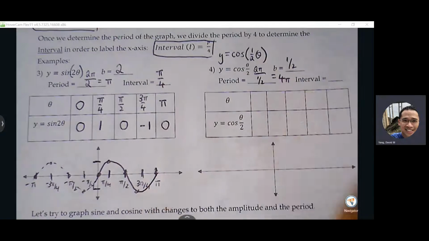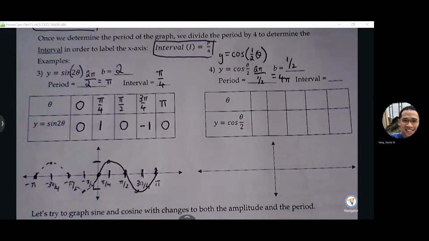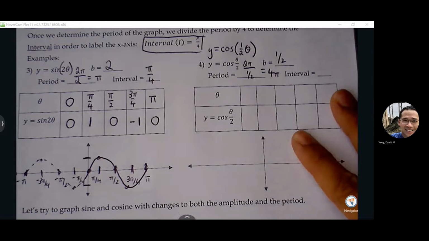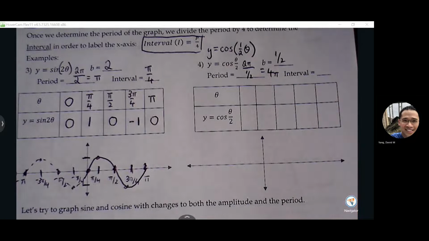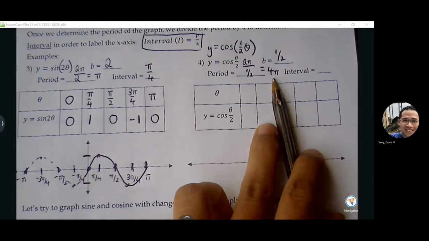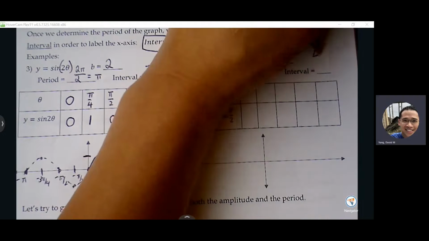So that 1/2 is going to end up stretching the period. It's going to take twice as long for this period to complete its cycle. And we know the full cycle is 4 pi, but we want to split it into subintervals. So what do we do? Yep, always divide by 4.